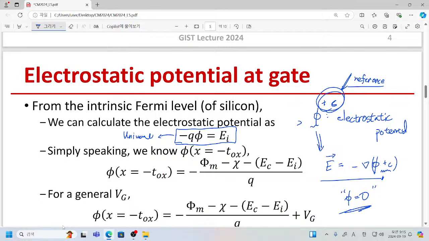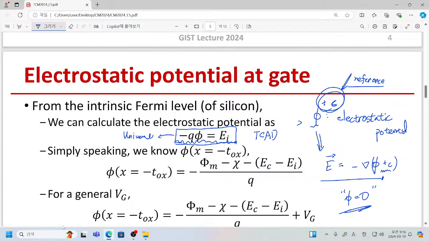For example, if we go to certain physicists and ask them about this notation, they will say that there is no predefined convention for electrostatic potential. But we have to understand this convention is widely adopted, at least by the people in the TCAD field. It means that in the field of computational electronics, everybody understands this convention.